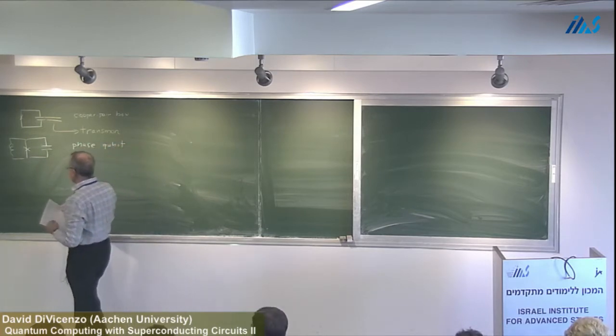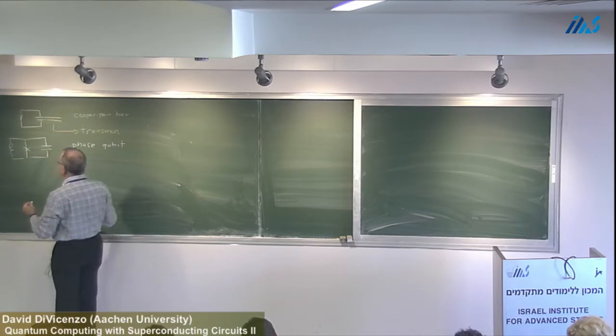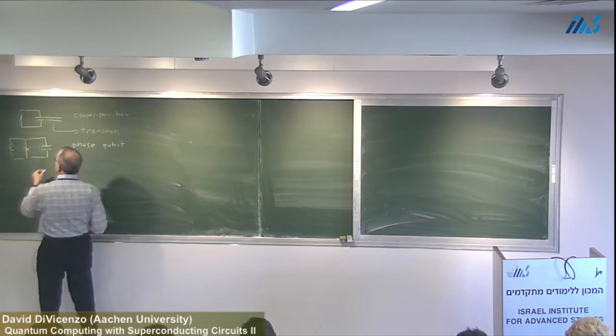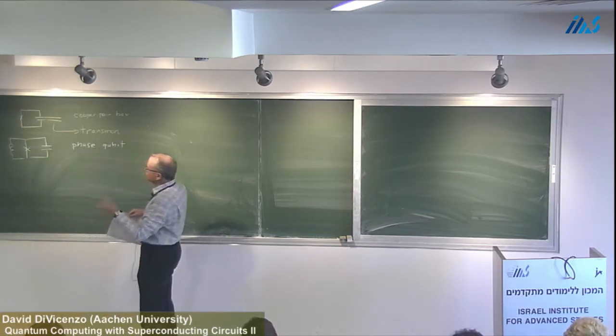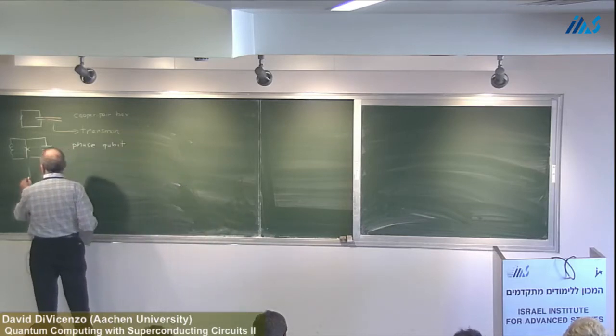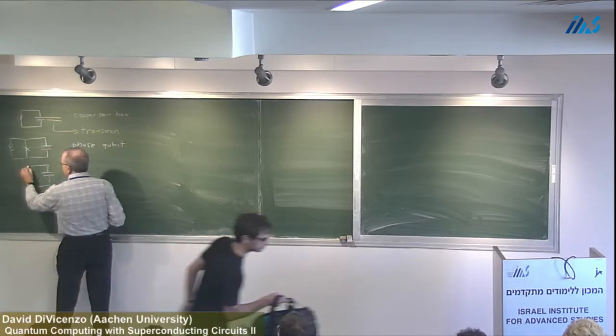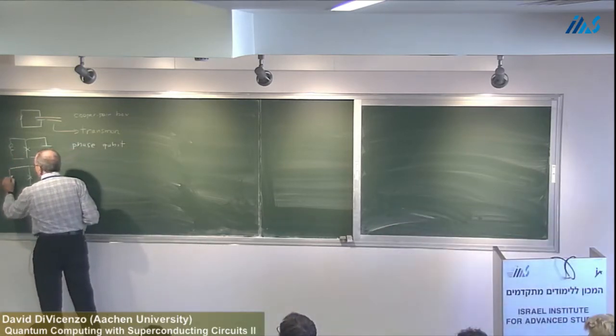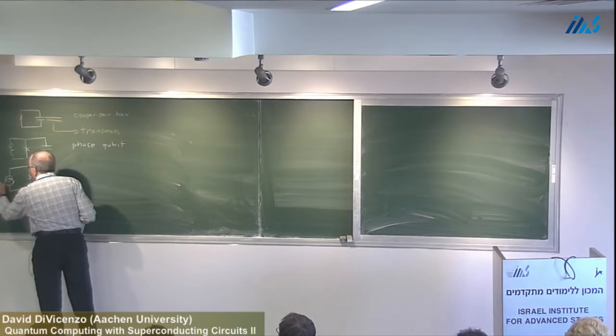But there's sort of an extreme limit of this, and this I won't put too much emphasis on because it represents obsolete approaches to how these superconducting qubits are used, where instead of having an inductor, you have a mysterious thing, sometimes this is the symbol of it, which is a current source.